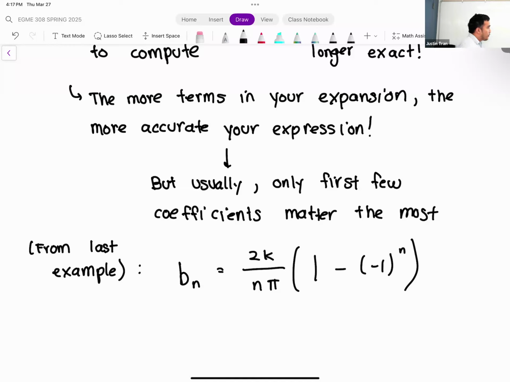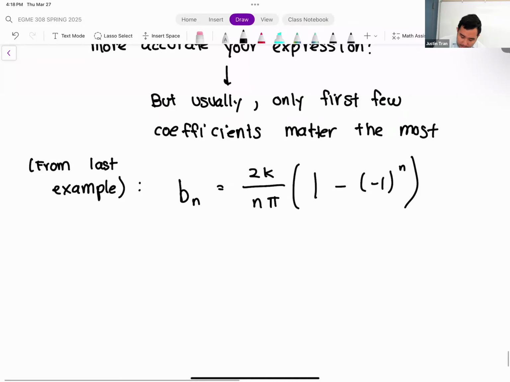Then we computed the first 5 coefficients here: n equal to 1, n equal to 2, n equal to 3, n equal to 4, and n equal to 5. Let's see what happens when we compute n equal to 100. This is a very high order coefficient term.